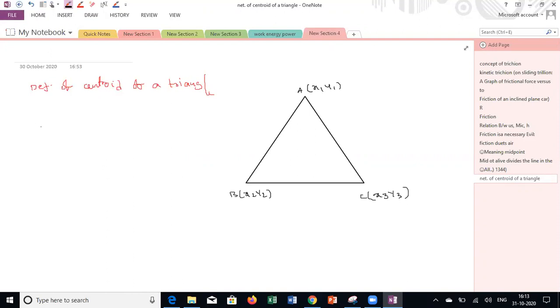Correct. Point of intersection of all the medians. Am I right? Any doubt in this? What is the meaning of median, guys?